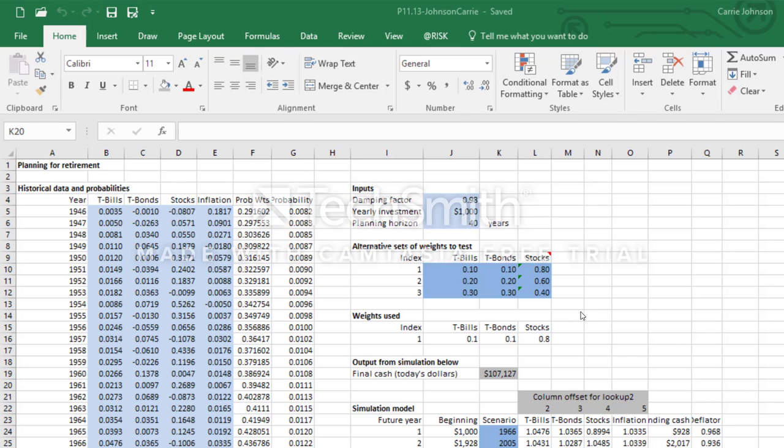I am beginning with the setup used in example 11.6 from the book. You'll see that I've already entered all of the formulas necessary with the weights, with the probability weights, calculated probability, the investment weights.